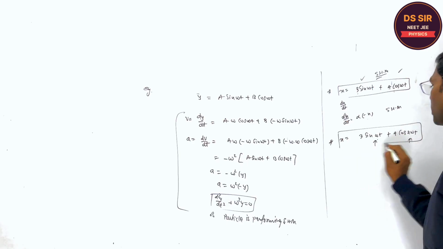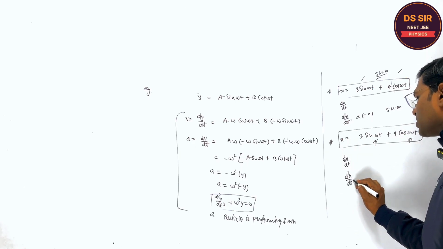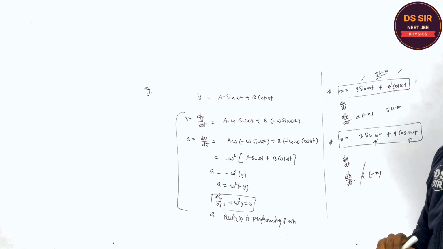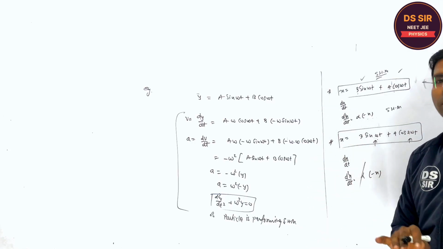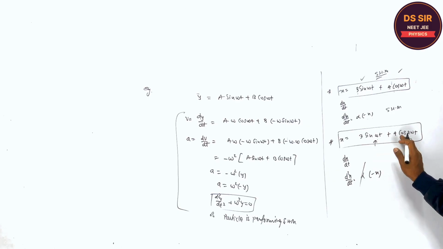But when you differentiate dx upon dt, and again differentiate, d square x upon dt square, you will find it is not proportional to minus x. You can show that, but you also have to remember, without solving, that if two terms of different frequency are added, it is not SHM. Are you getting or not?